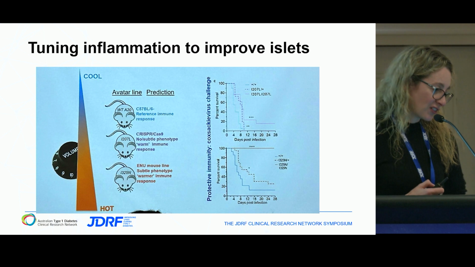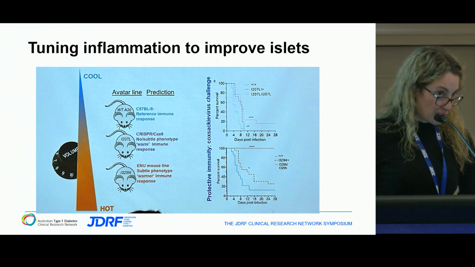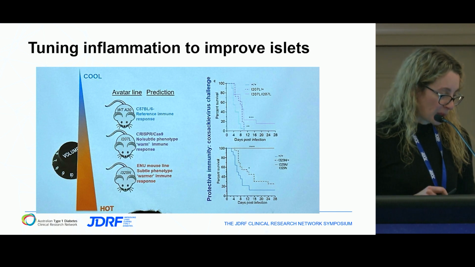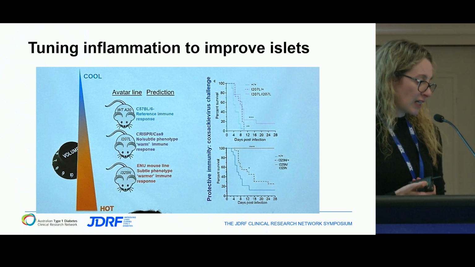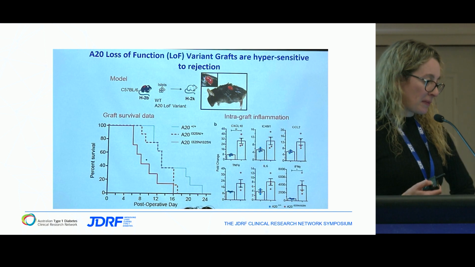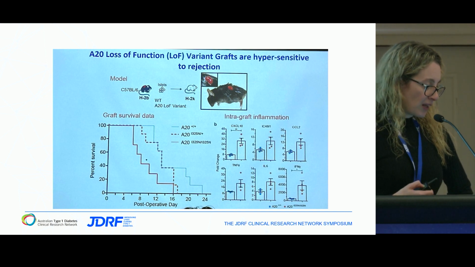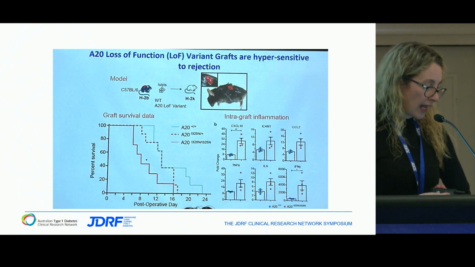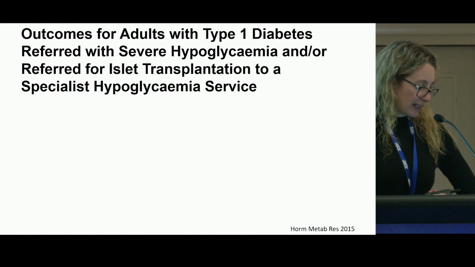And so Shane showed this lovely sequence of events related to single nucleotide polymorphisms in the A20 gene that change your immunity based on toggling of NF-kappa B activity. And then obviously if you have a pro-inflammatory expression, your islets are significantly worse off.